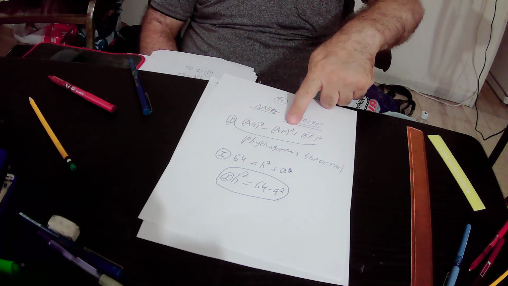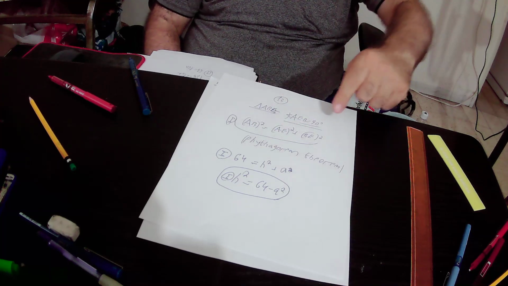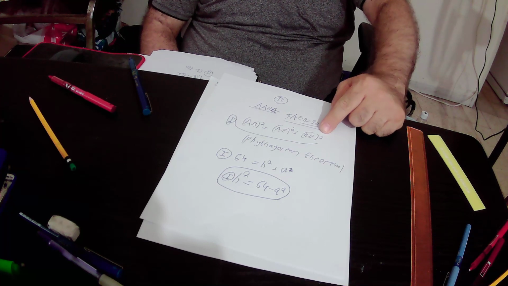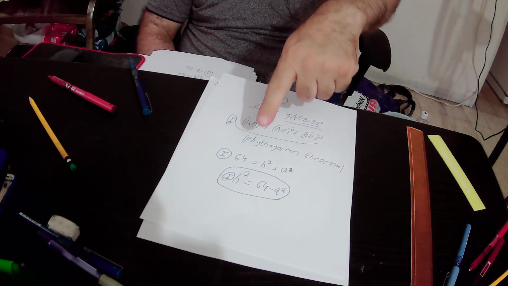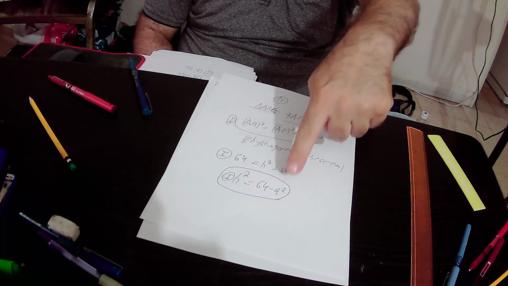AE equals H, so AE square is H square. And BE equals A, so BE square is A square. So in total we got, according to equation number 1, that H square equals 64 minus A square.